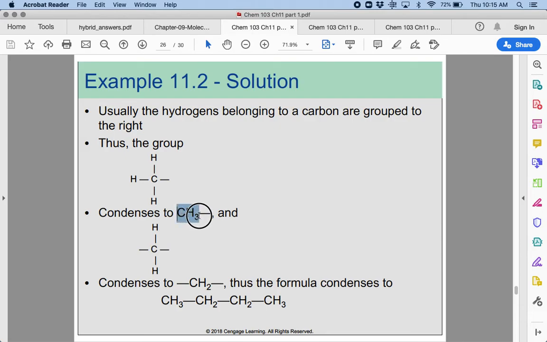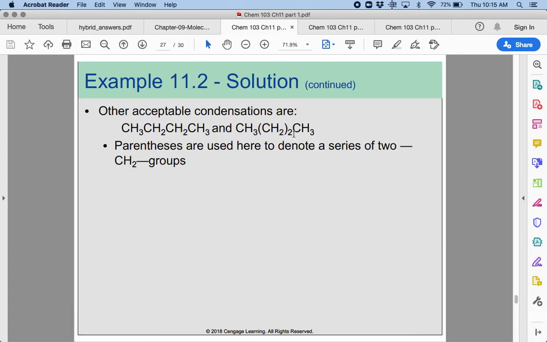This gets condensed to CH3. We'll learn later that this is called a methyl group, but this is very, very common, so you'll see a lot of it. And an internal carbon will often be a CH2. So CH3, CH2, CH2, CH3. Which again, we can go even lower to condense it more.